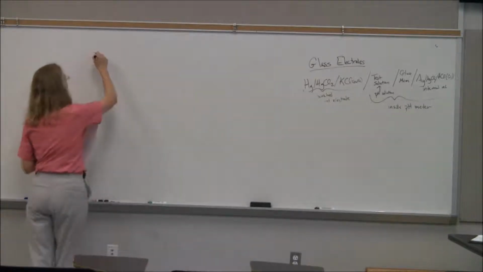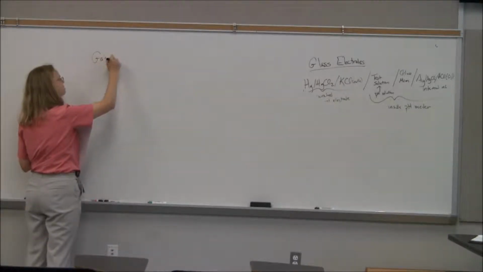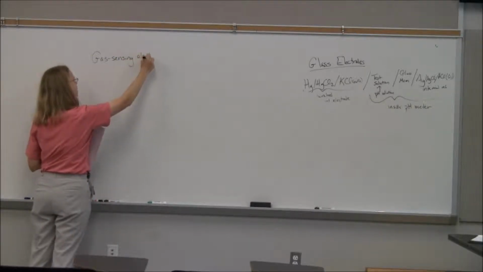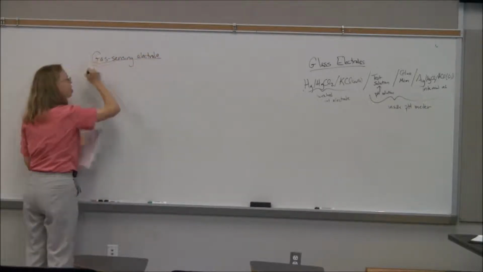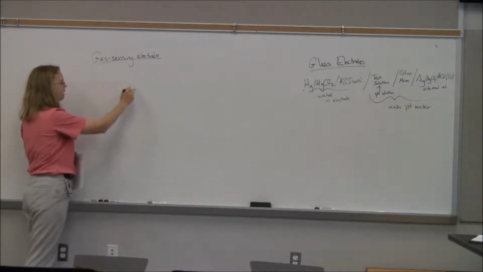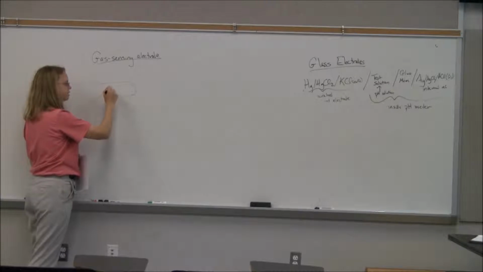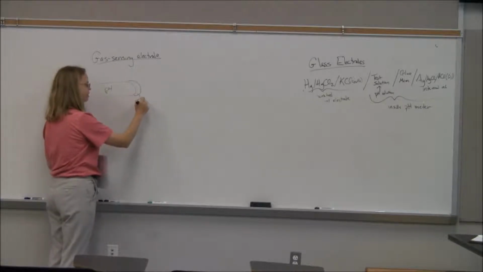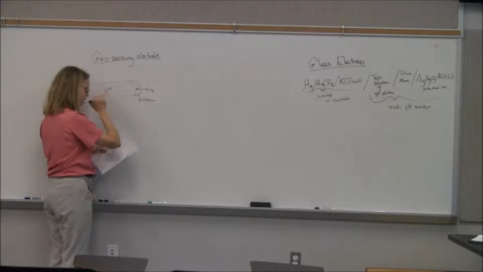So it turned out that all of the first gas sense electrodes worked on much the same sort of thought. You would have a glass pH electrode, and then you would put on it some sort of polymer usually, that would allow your gas through.